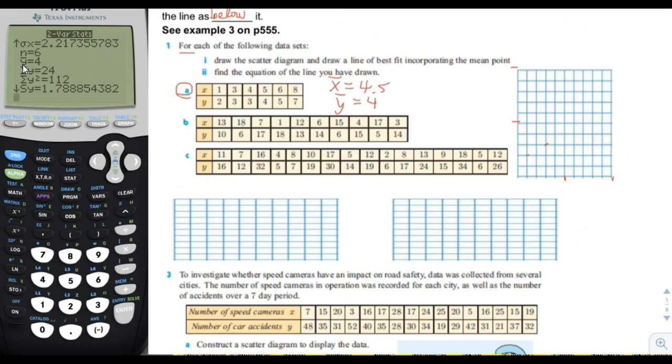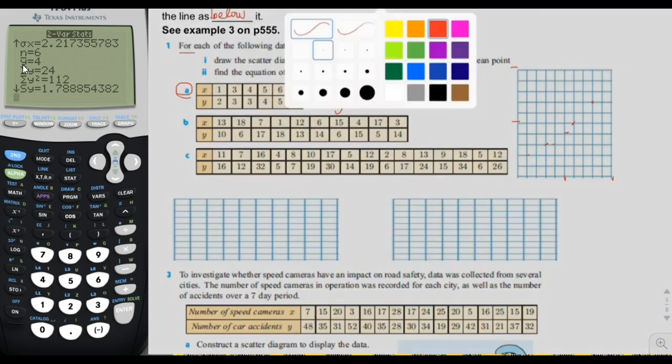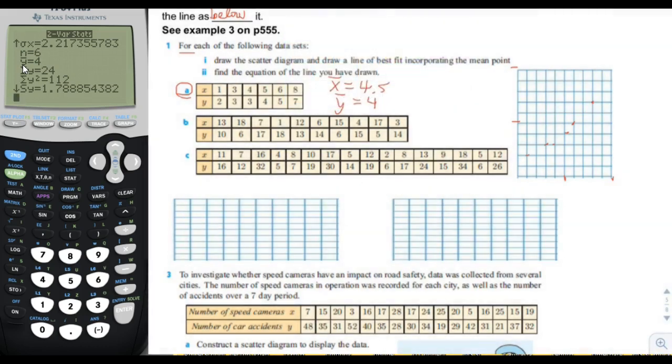Third point is 4, 3. Next point is 5, 4. Then 6, 5. And 8, 7. There we go. And then I'm going to mark my mean point at 4.5, 4.